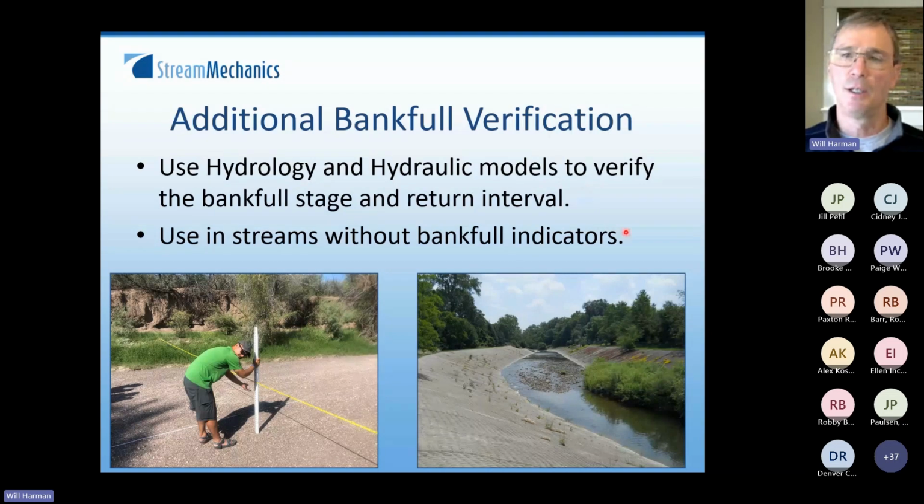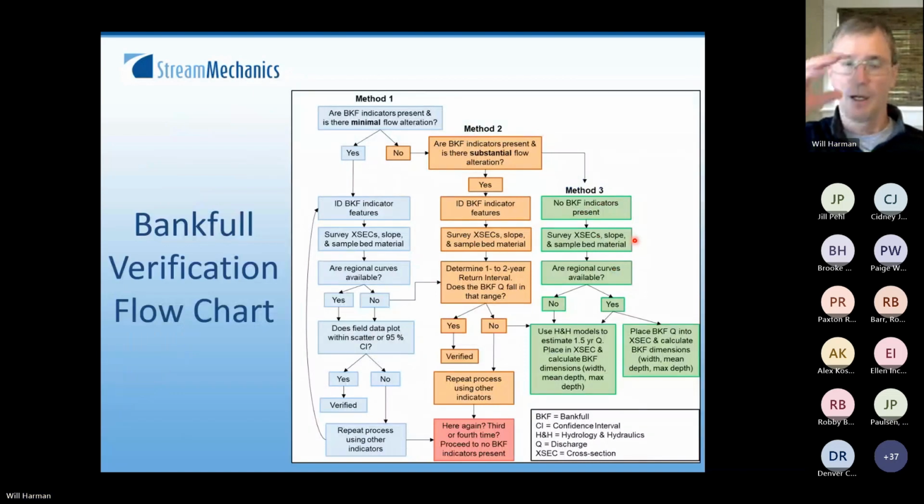And then here, again, I'll show you some techniques we can do if we don't have Bankfull indicators, like those urban concrete channels. All right, so we put this flow chart together first for Colorado, and then Wyoming kind of adopted it into their current version. For those of you outside of Wyoming and Colorado, we actually have an updated version of this flow chart.